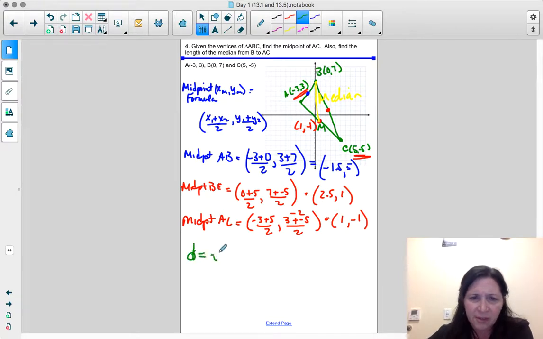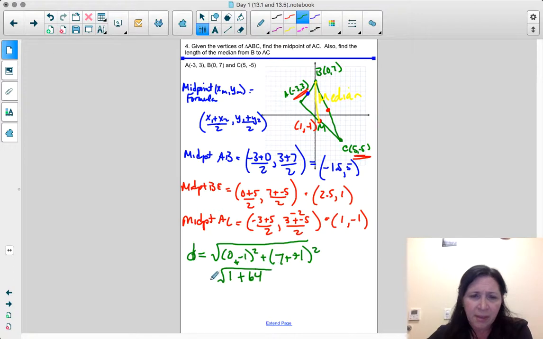I'm going to say distance equals the square root of 0 minus 1, quantity squared, plus 7 minus negative 1, quantity squared. So we get, 0 minus 1 is negative 1. Negative 1 squared is 1, plus 7 minus negative 1, which is 8. 8 squared is 64.